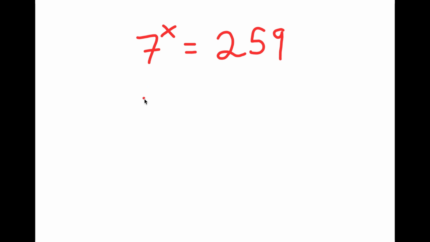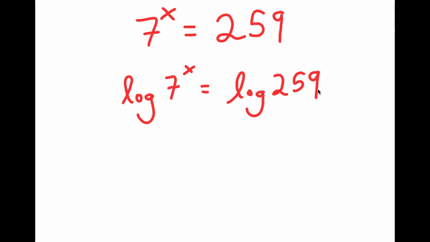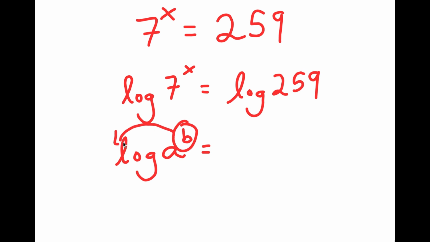Well, what we can do is use logarithms. So what I'm going to do is take the log on both sides. So I have log 7 to the power of x is equal to log of 259. And now, the helpful thing about logarithms is they come with a useful property. The property is if I have something in the form log a to the power b, I can move this exponent b to the front.